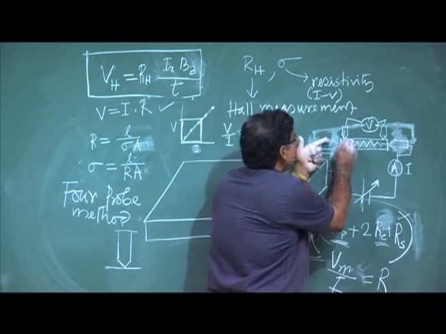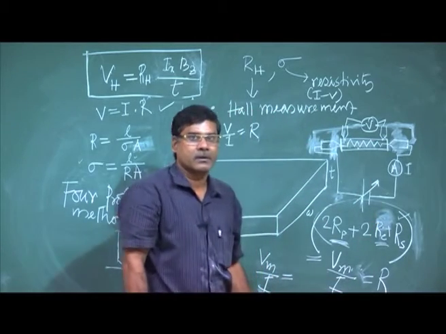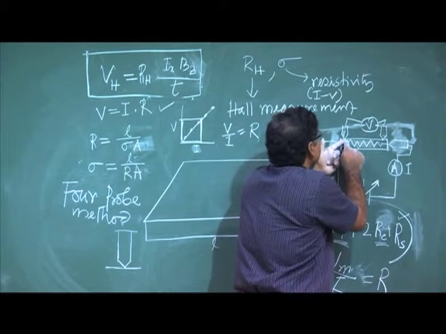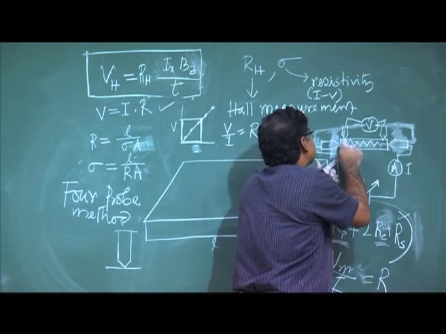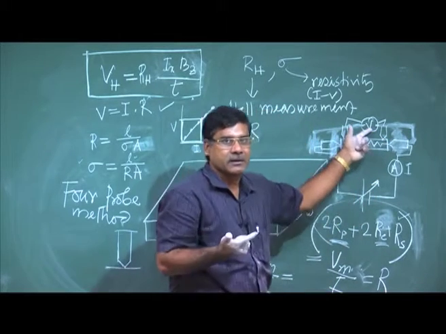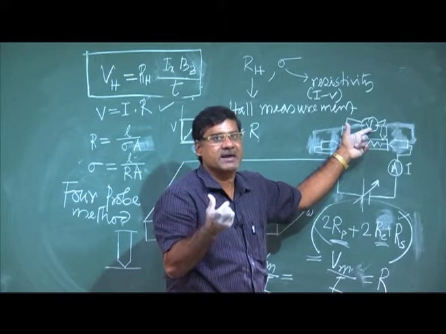Now when I am measuring the voltage here, there is no voltage drop due to this contact, because this is a voltmeter, and a voltmeter has very high resistance.